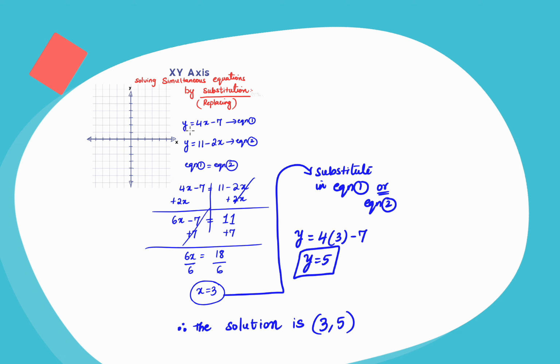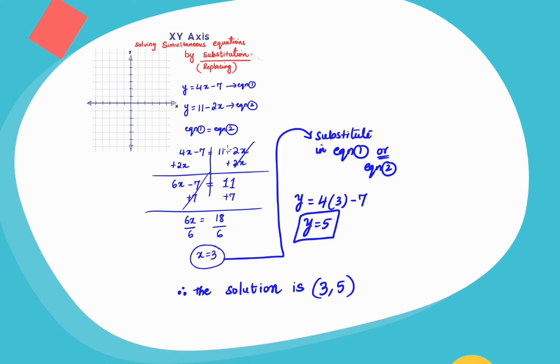Equation 1 is y equals 4x minus 7, and the second equation is y equals 11 minus 2x. Since x and y are both equal for each other at the solution, we are going to equate equation 1 to equation 2. You're eliminating the y and bringing in x on both sides of the equation, so you can easily solve for x using our algebra rules.